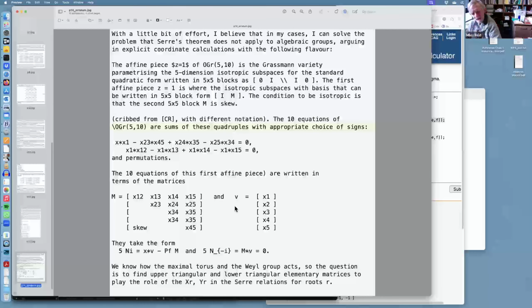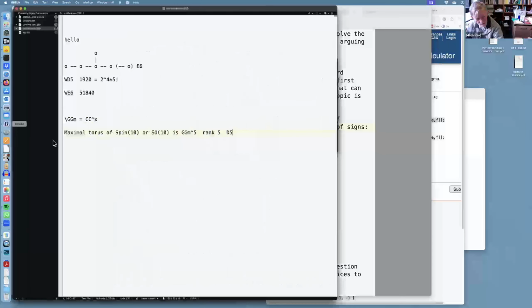So let me say. I've got my spinor variety S_5, 10. Yes. So this is a homogeneous symmetric space for SO10.